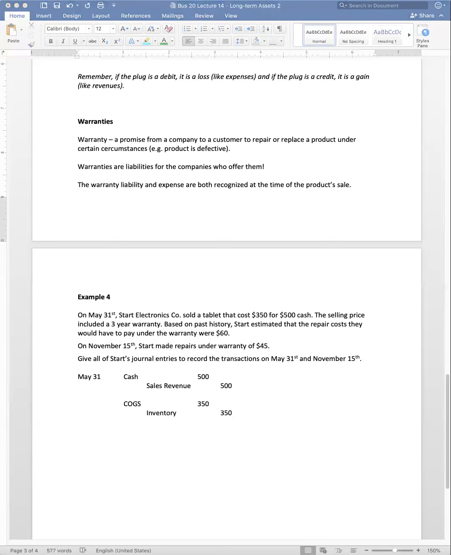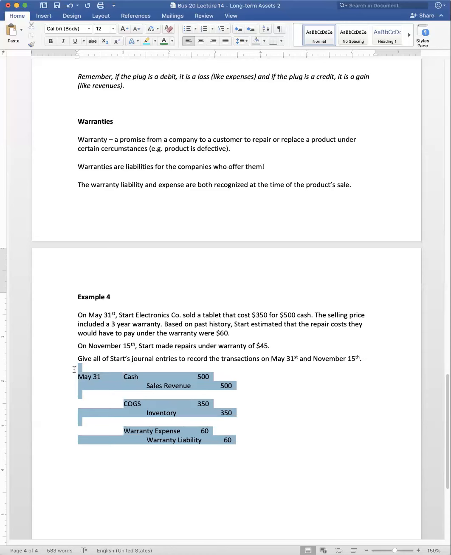So we're going to have a debit to warranty expense and a credit to warranty liability. And that will be for the $60 because that's the amount that we estimated we'd have to pay under the warranty. Okay, so the key thing is that all of these entries happen on the day of sale, right? The day that we sold this particular product.